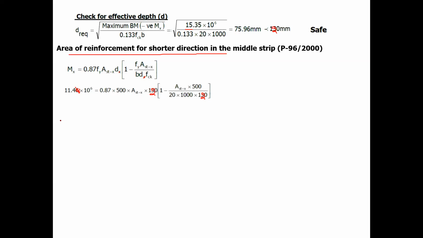So Ast value is around 200. The 212, sir. 212.01. Okay, 211 or 212, because there 11.46 and 130 were considered. It is not 130, it is 120.